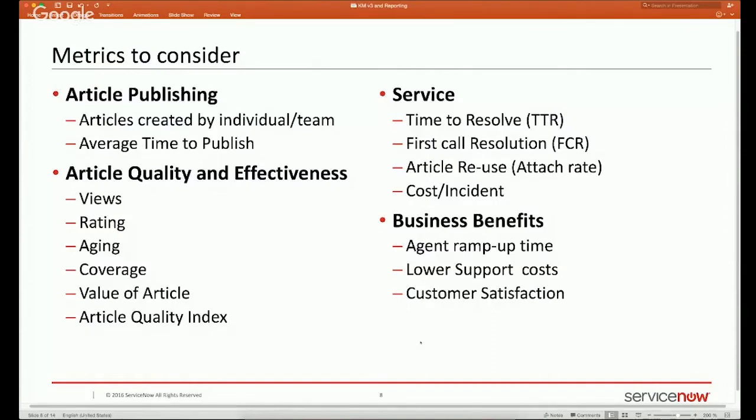Has the spell check been done? Things like that. And you can give it points based upon that, 0 or 1, and you can scale your articles between 0 and 10 for what the quality is. Not only does it help in reviewing the article for a certain standard, but it also helps in coaching your authors how to write good articles. So another very good metric that you need to consider for a knowledge management program.